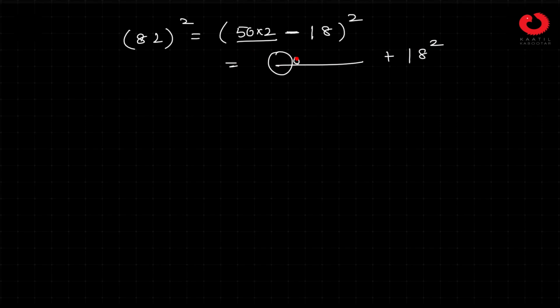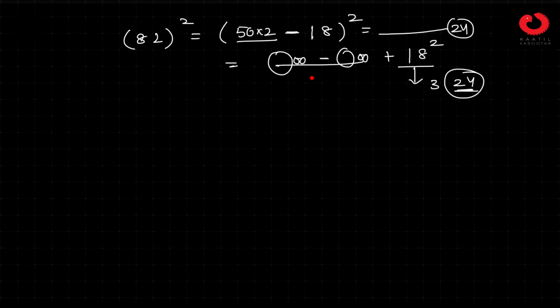Some terms come with double zero, and 18 square, as you know, is 324. So the last two digits will be 24. Whatever the number, the last two digits will surely be 24, because I am able to write it as a number nearby a multiple of 50. So let us first see how many squares we need to remember.